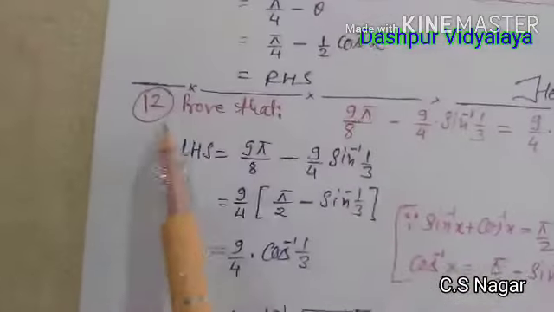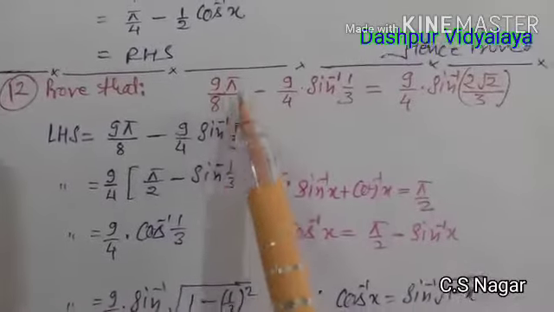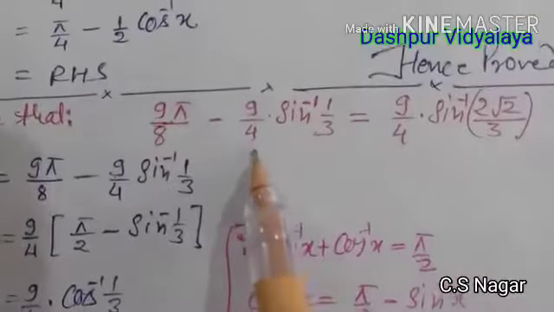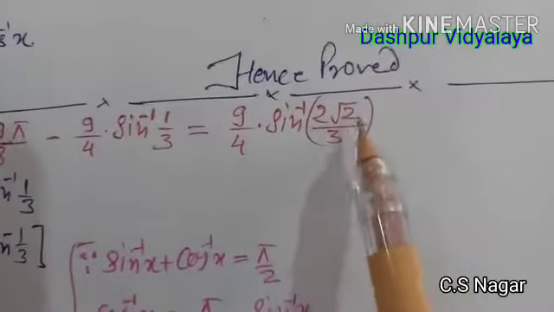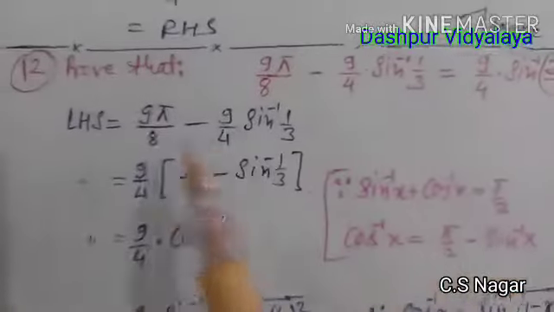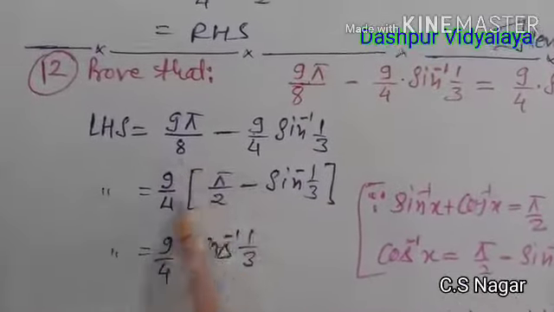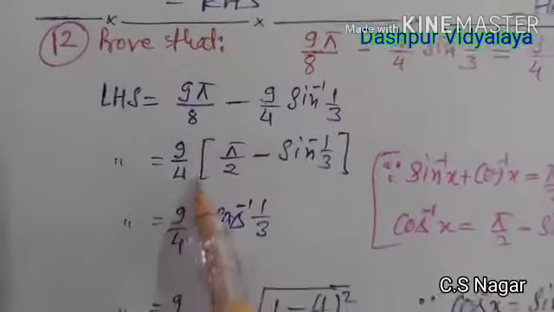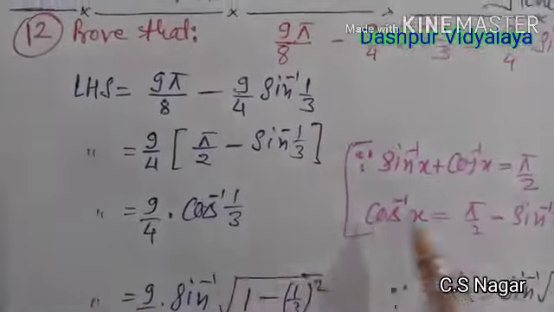Now next question number 12. Prove that 9 pi upon 8 minus 9 by 4 sin inverse 1 by 3 equals 9 by 4 sin inverse 2 root 2 by 3. So by taking LHS, 9 upon 4 is common, so pi by 2 remaining, pi by 2 minus sin inverse 1 by 3.